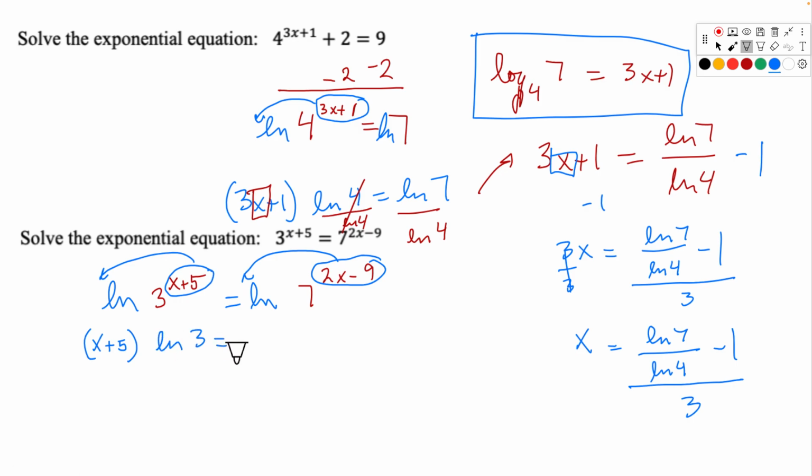Natural log of 3 equals 2x minus 9, natural log of 7. Not a lot of fun to solve. It's going to get a little messy, right?